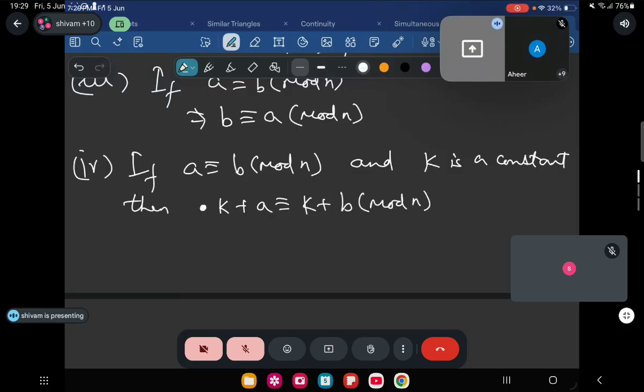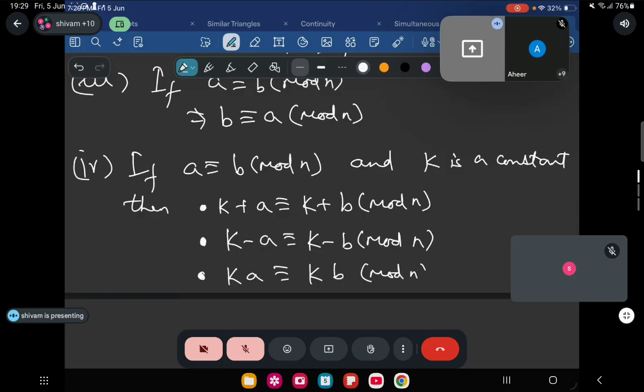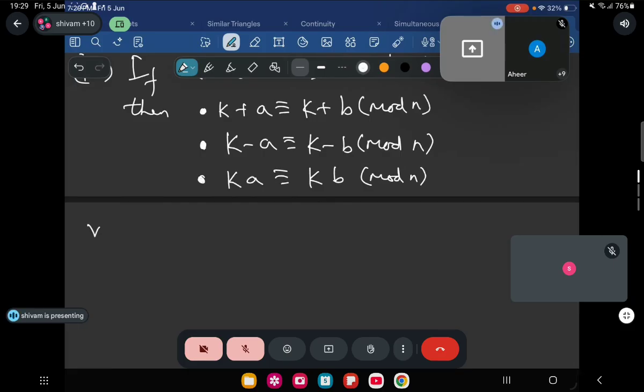You can add K on both sides. Okay, according to your will, you can add, subtract numbers. Okay, next, K minus A is also congruent to K minus B mod n. Next, KA is also congruent to KB mod n.